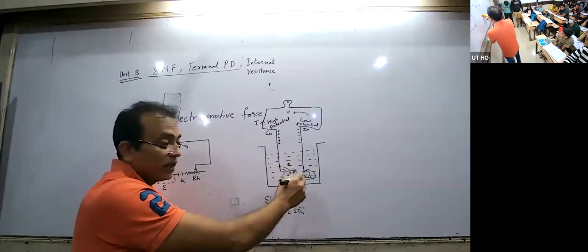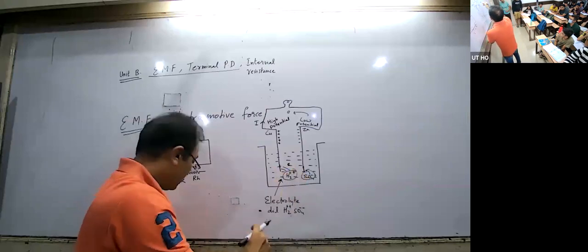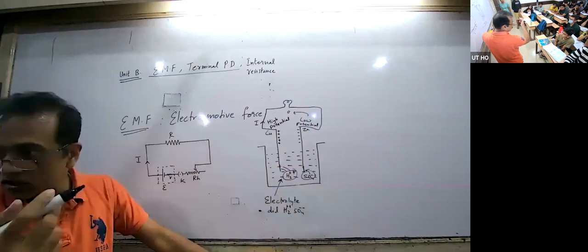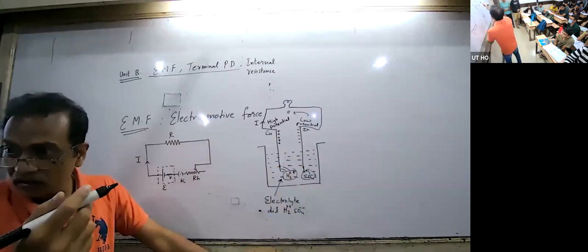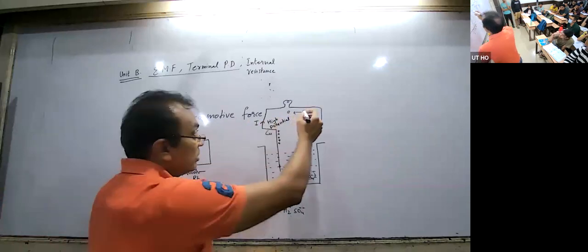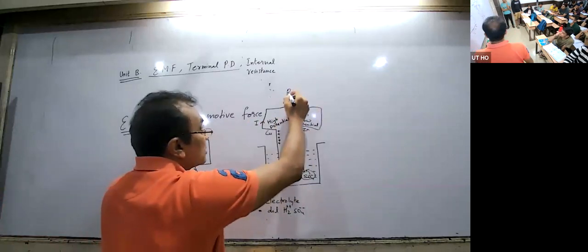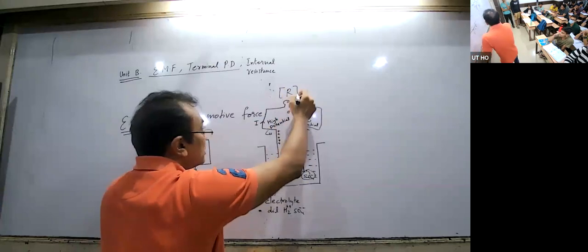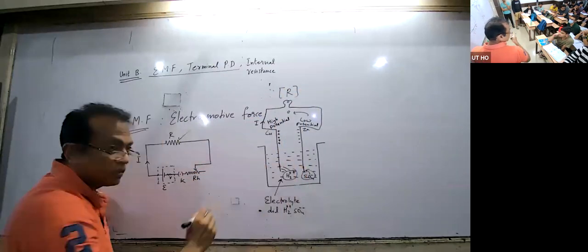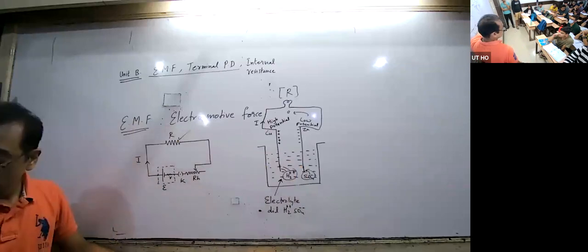Got it? Now, here there is a collision between the stationary charges in the conductor and the electron. So that is the obstruction. So that resistance is capital R. That is the external resistance. Whereas this electrolyte substance itself is matter. So there is some resistance of the electrolyte substance.